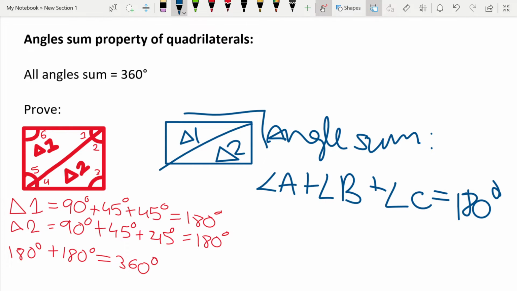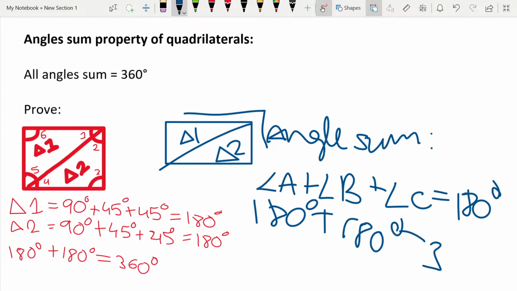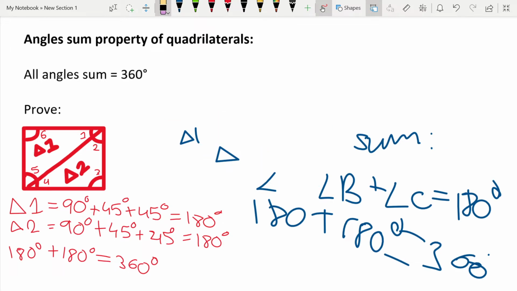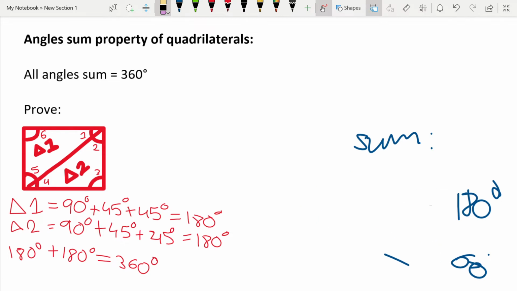So 180 degrees plus 180 degrees is equal to 360 degrees. So we have just proven the angle sum property of quadrilaterals. Some easy stuff, just built on our prior knowledge.